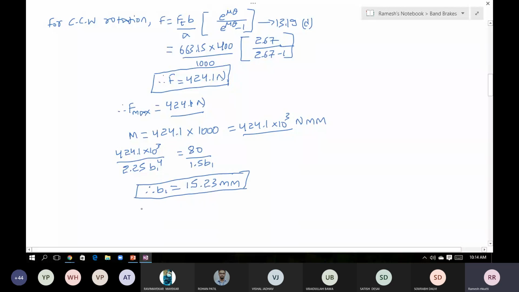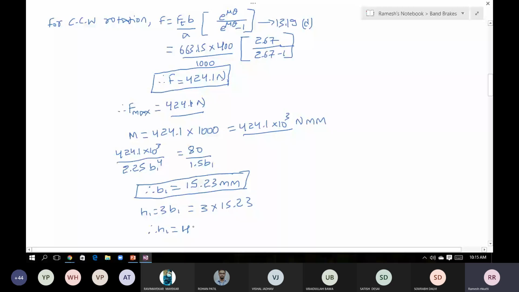Therefore B1 value is 15.23, and in the given data H1 is 3 times B1. If you multiply that, sorry, it is not 43, it will be more than that. 3 into 15 is 45, and 3 into 0.23 is 0.69, therefore H1 is equal to 45.69 mm.